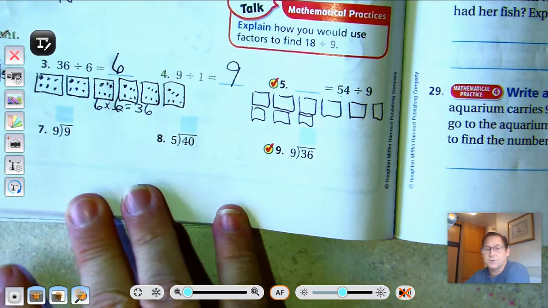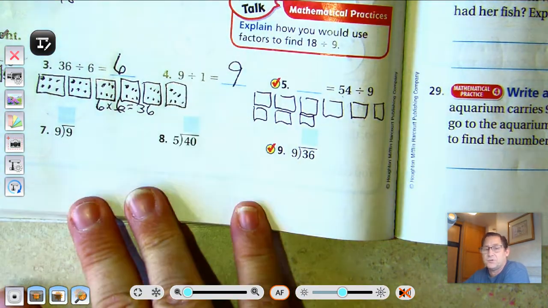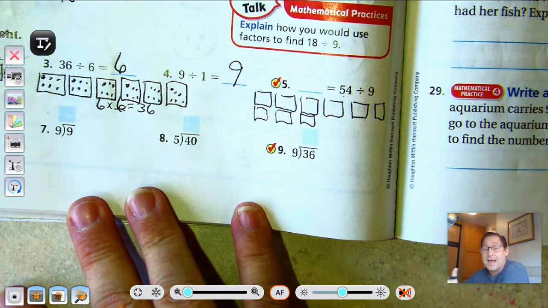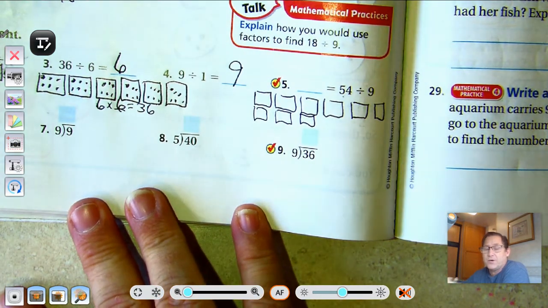Okay, so there's my 9 groups. I'm going to put one counter in each group, and keep adding to each of the 9 groups until I reach 54.